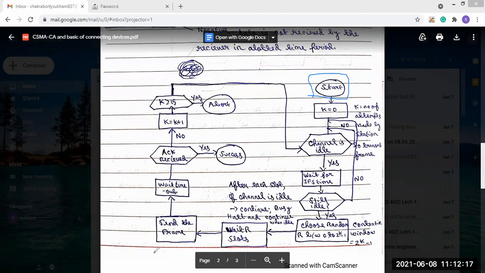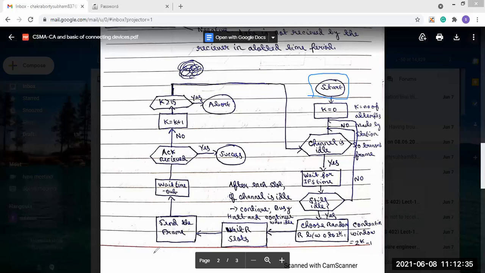That is what we have seen in the sliding window concept. The sender will send the frames one by one, and the receiver will receive the frame and send the acknowledgement.